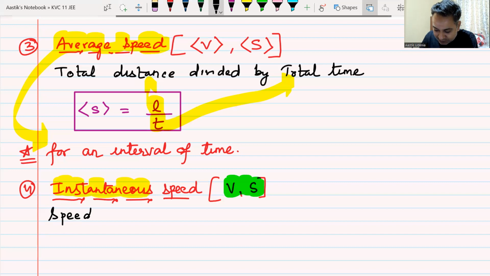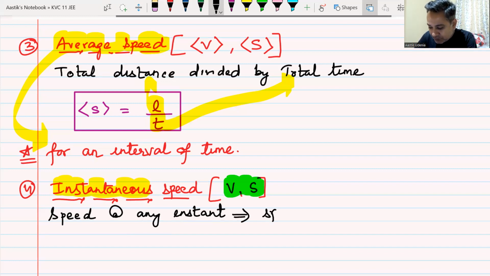And it is given by your speedometer. Do we understand this? Yes or no?